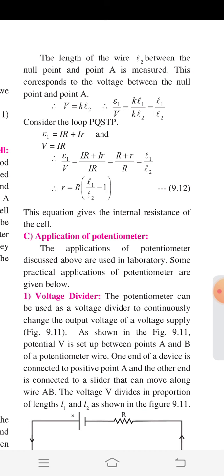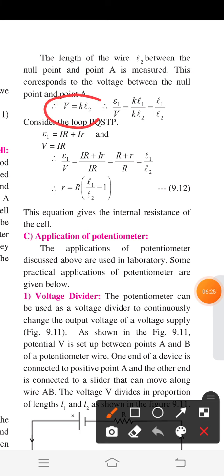This length L2 corresponds to the voltage V between the null point and point A. Therefore, by the principle of potentiometer, V is equal to K L2.